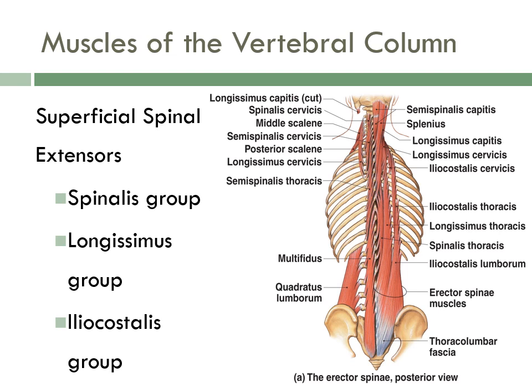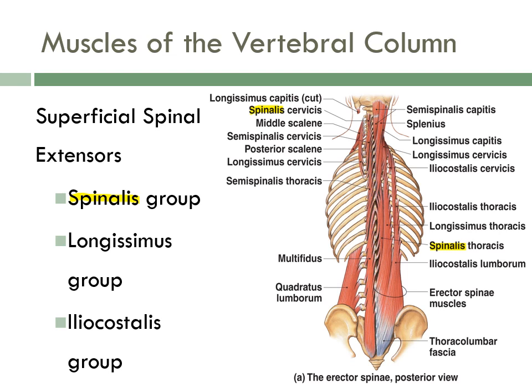So we have the spinalis group. So here's our spinalis. And our spinalis muscles go from spinous process to spinous process. So they go straight up and down in the center. And so we have spinalis thoracis, that's within the thoracic spine. Over here, spinalis cervicis in the cervical spine.